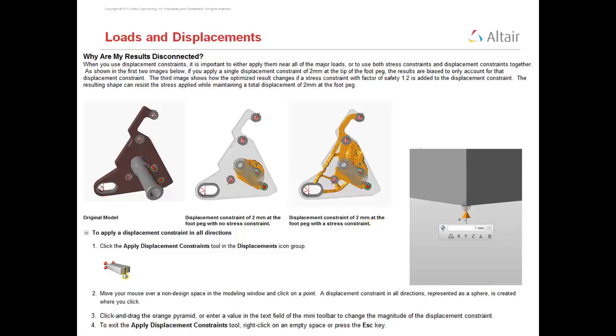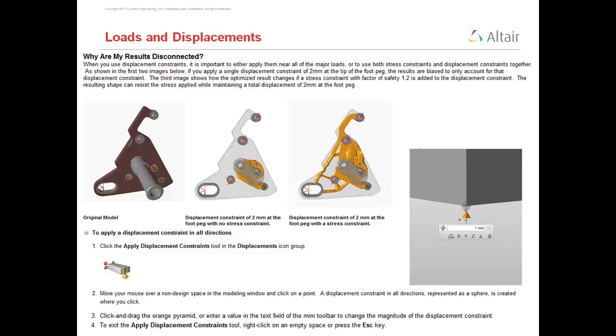In load and displacement, there is one point which I want to discuss with you: why are my results disconnected? When you use displacement constraints, it is important to either apply them near all the major loads or to use both stress constraint and displacement constraint together, as shown in the first 2 images below. If you apply a single displacement constraint of 2 mm at the tip of the foot peg, the results are biased to only account for that displacement constraint.